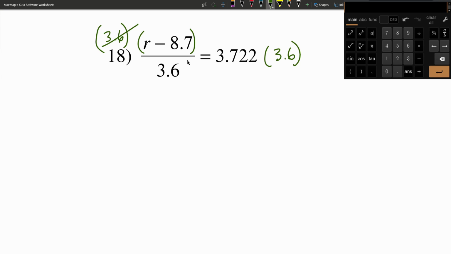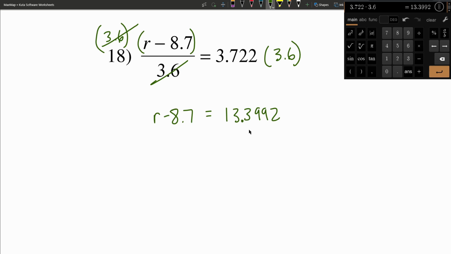So 3.6 divided by 3.6 is 1, and 1 times r minus 8.7 is r minus 8.7. And that's equal to, let's go to our calculators and do 3.722 times 3.6, which gives us 13.3992.